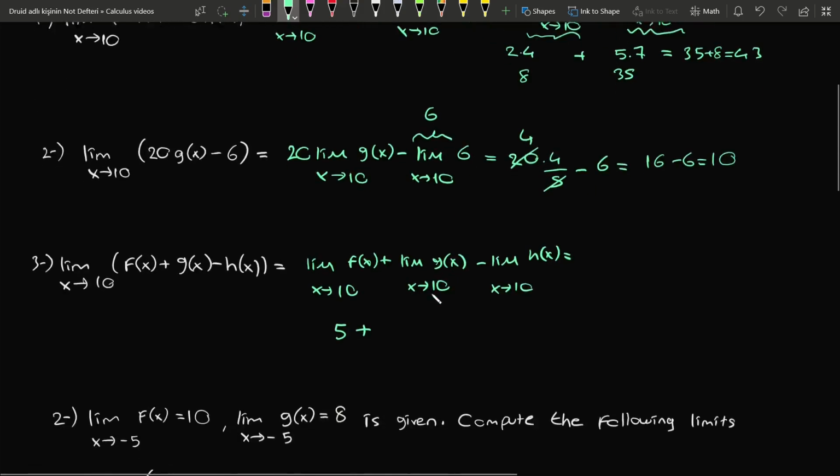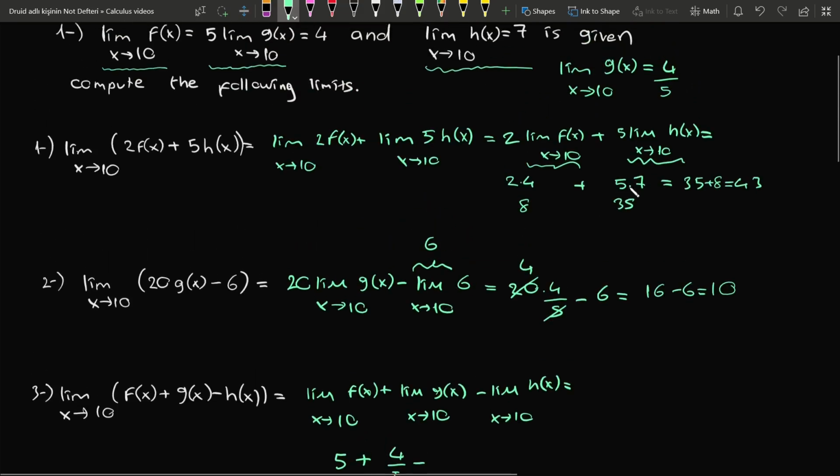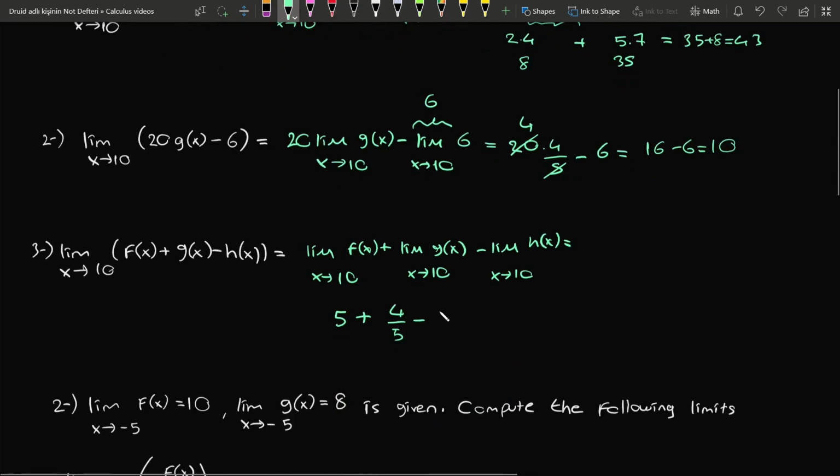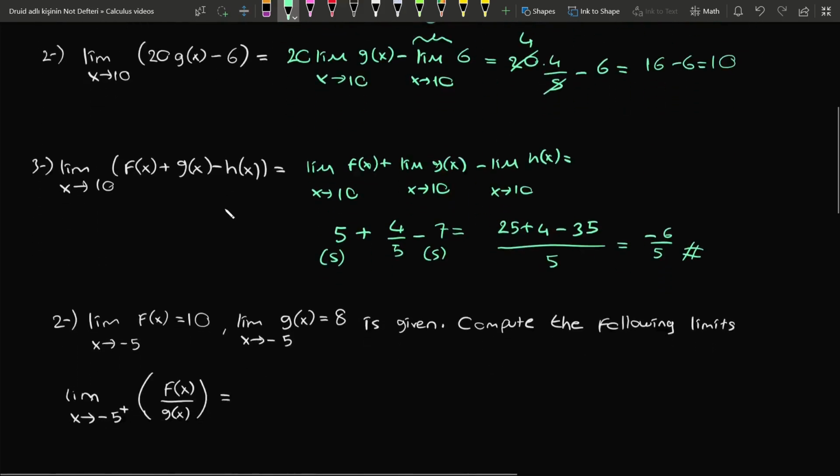For g(x), I have 4 over 5. And lastly, for h(x) it is 7. So now, let's expand every side with 5. 25 plus 4 minus 35 over 5. Now 29 minus 35 is going to be negative 6 over 5. So this was the answer of our first question.